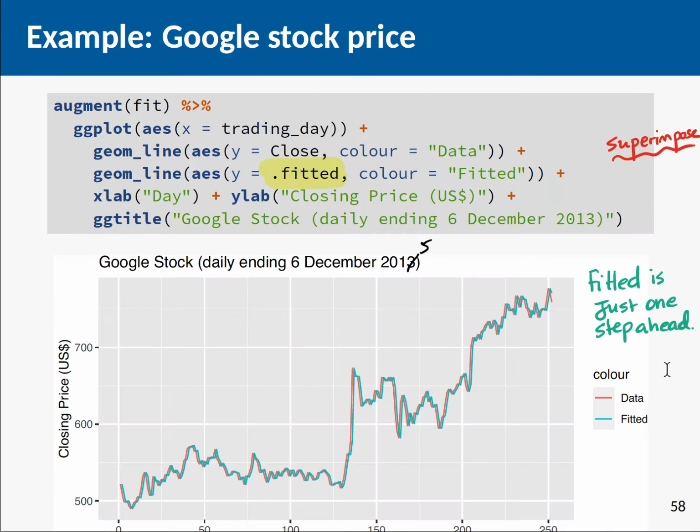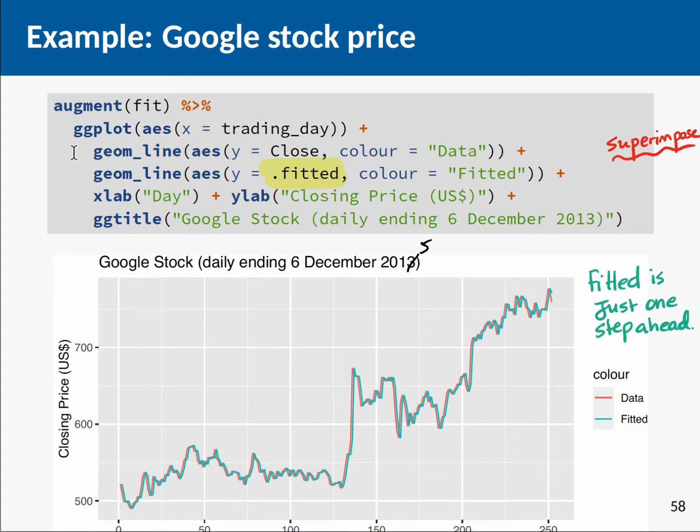Okay, so maybe it's a good idea to try to take a look at what that looks like on a graph. So here what we're doing is taking the fitted values and plotting them. We'll use ggplot, and for our x-axis we're going to have the number of trading days, so x equals trading days, and then we are going to have at least two different values of y.